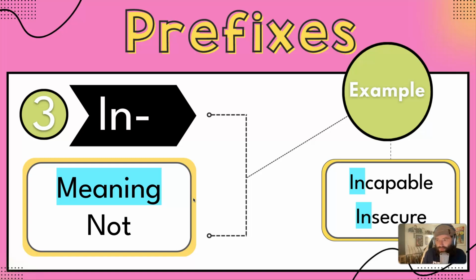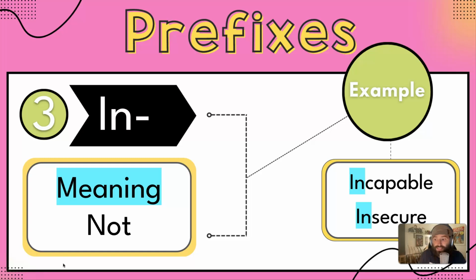Whereas insecure is about your feelings. You're not somebody who's secure in their emotions or something along those lines. So incapable and insecure mean not capable, not secure. I don't think you would see a word like inlivable, but you can say unlivable.